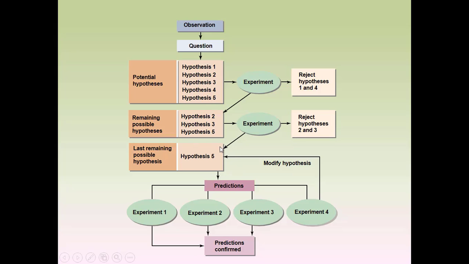We end up with one remaining hypothesis that we accept. Okay? We might even test that hypothesis multiple times, and if it is supported, that would tend to confirm the hypothesis, but does that prove that that hypothesis is absolutely true?